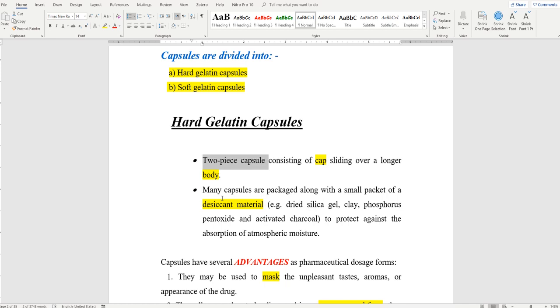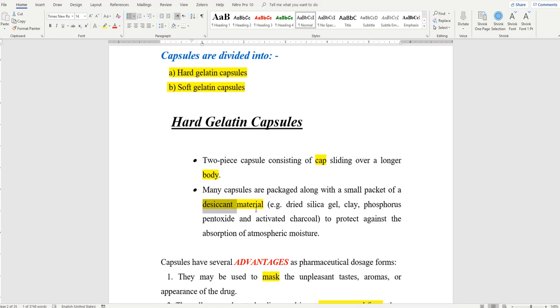But for soft gelatin capsules you may find them in a bottle container. In the bottle containers they usually use a desiccant material. Okay, you see here you have desiccant material.